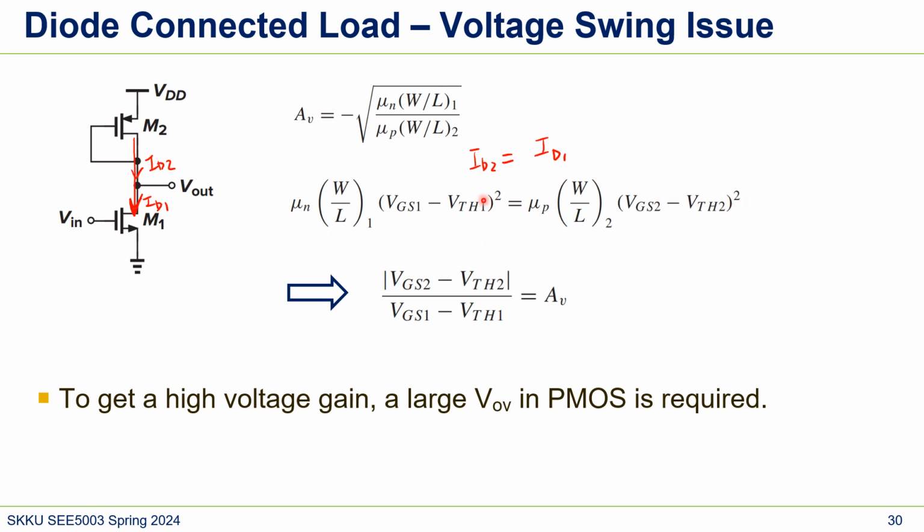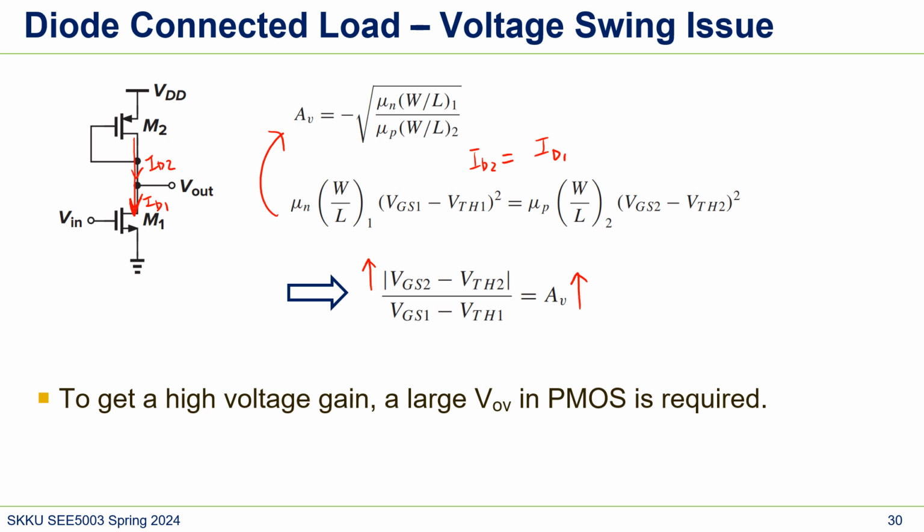And then if we substitute this to here, we get this equation. So it means that to get a higher gain, we need to increase the V overdrive of PMOS.